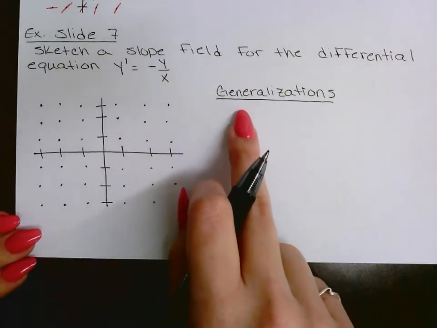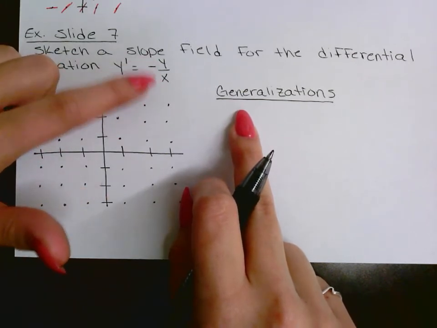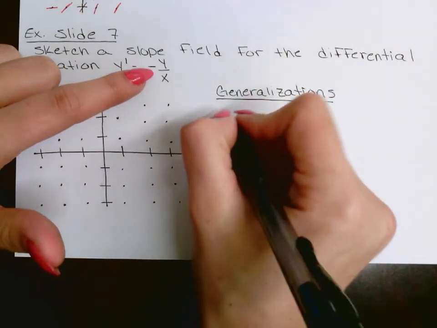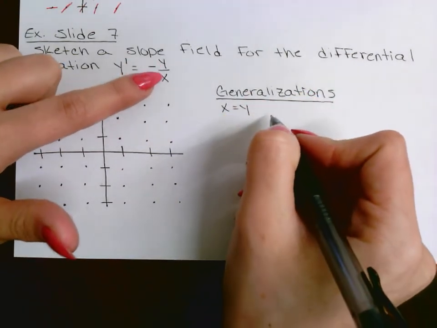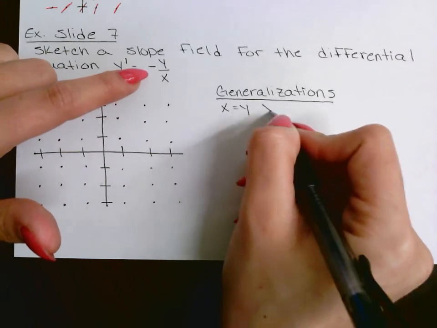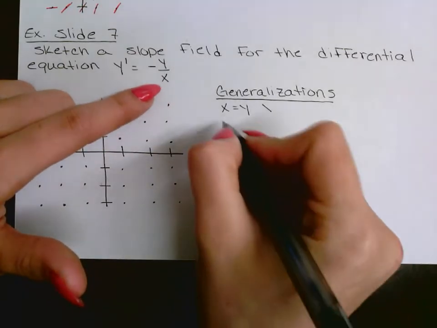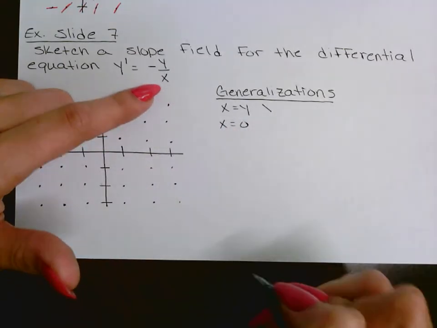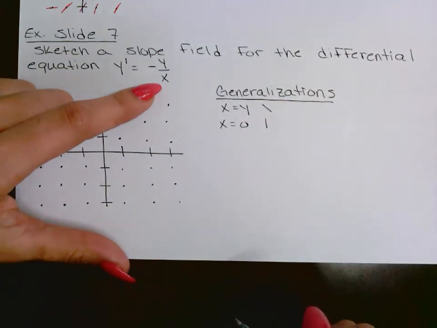So generalizations. I know that when x and y are the same number, okay? When x equals y, my slope is going to be 1, but then there's a negative here, so this is going to be a negative slope. Next, I know that anytime my denominator, x, is 0, I'm going to have a vertical tally.